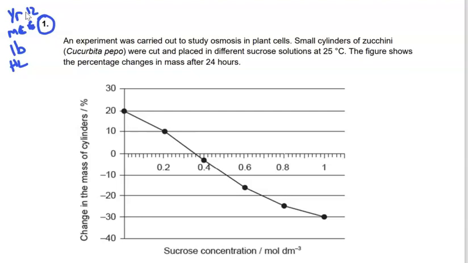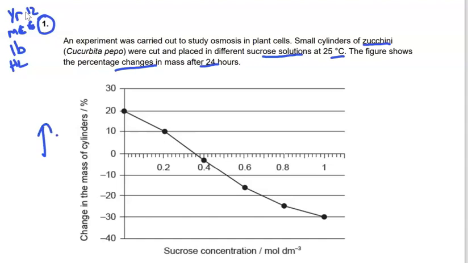osmolarity question. In this case, we're using cylinders of zucchini tissue, and they're in sucrose solution, and the temperature is stated, and we're looking at percentage changes in the mass of the tissue in these different solutions. So just to check out the graph, we've got percentage changes on the y-axis.